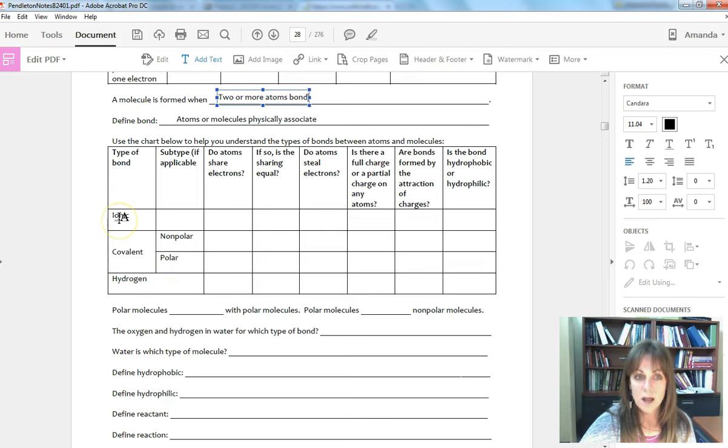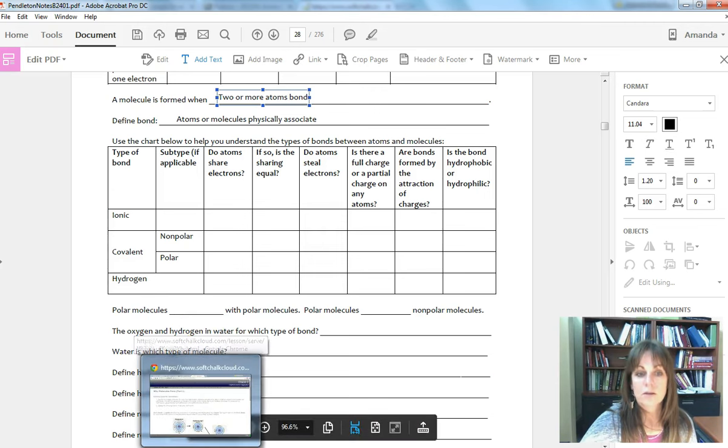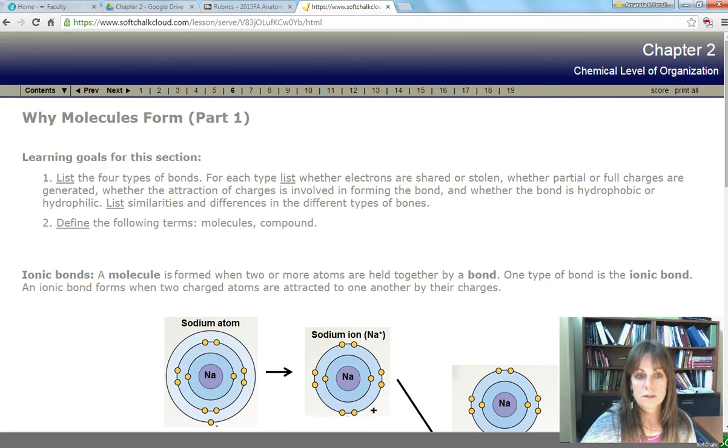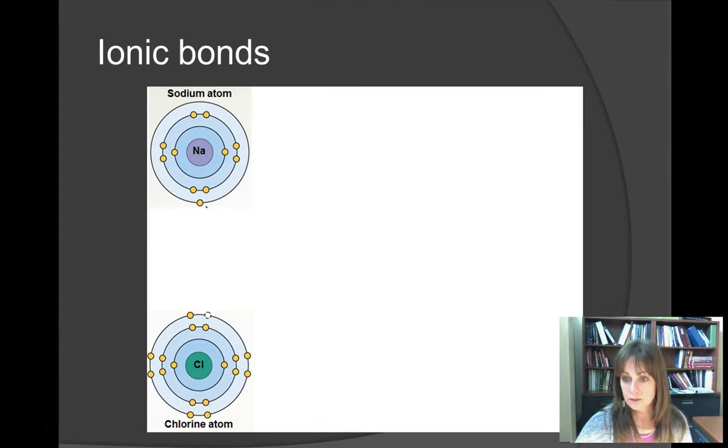So really: ionic, nonpolar covalent, polar covalent, and hydrogen. Let's talk about the first one, ionic bonds. Part of this is going to look familiar. We're backing up for just a minute.